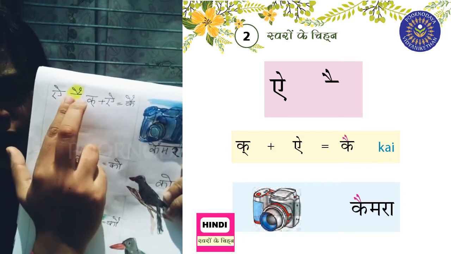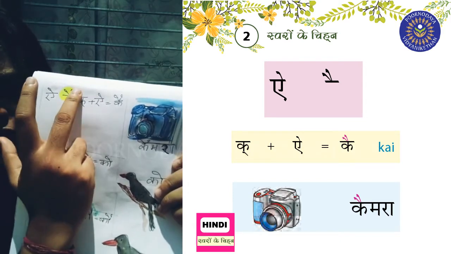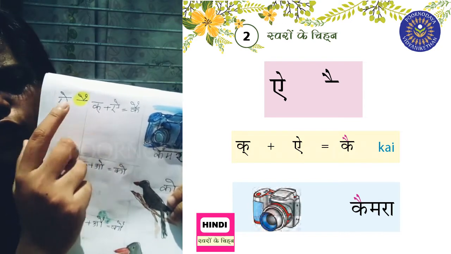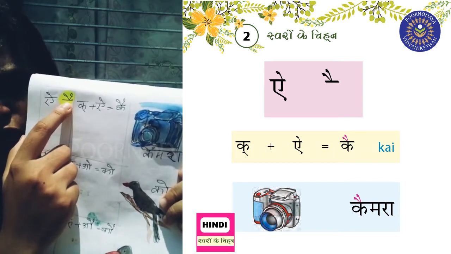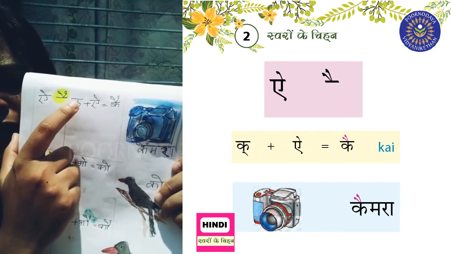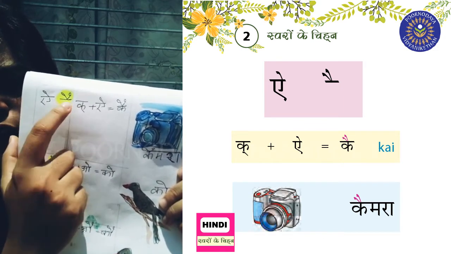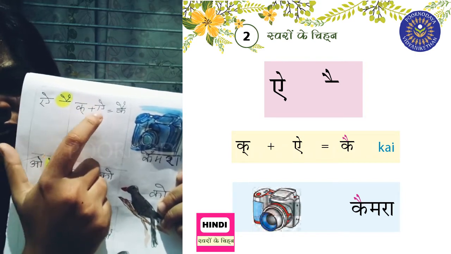So I is replaced with this symbol. The symbol is called matra. So when you combine K plus I swar, it gets replaced with this I matra, kai.